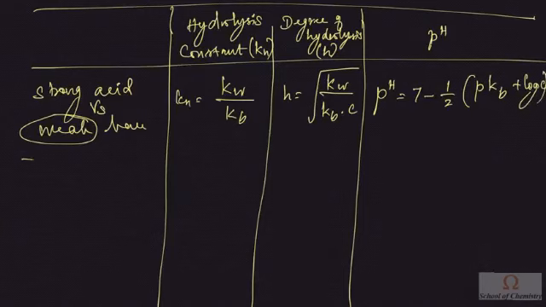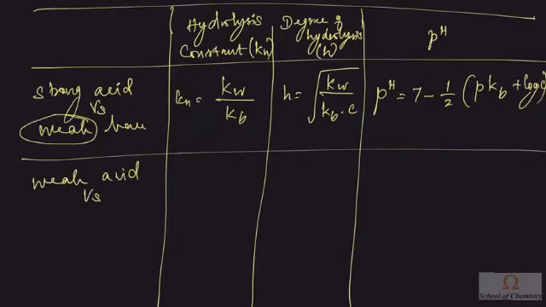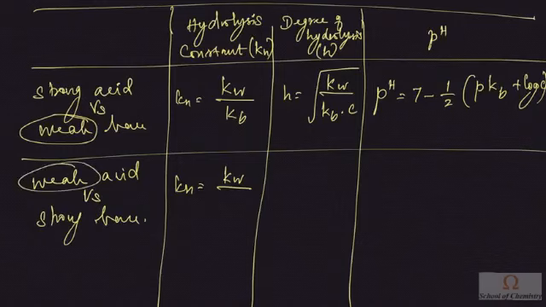Very simple. Let us discuss weak acid versus strong base. Now KH will be the same, KW in the numerator, and we need to consider the weak one, so the acid is weak, that's why Ka.